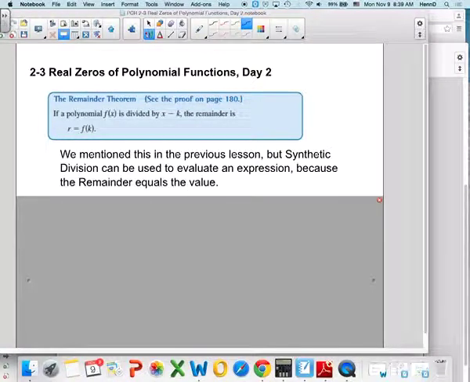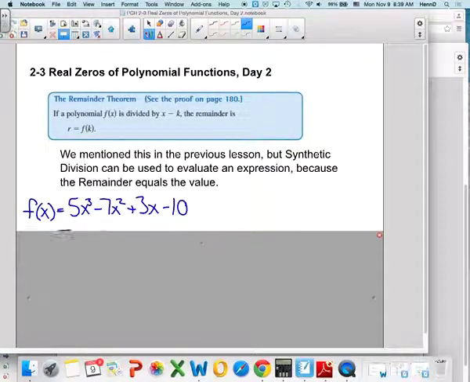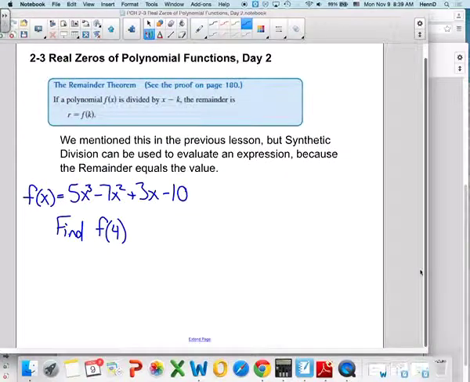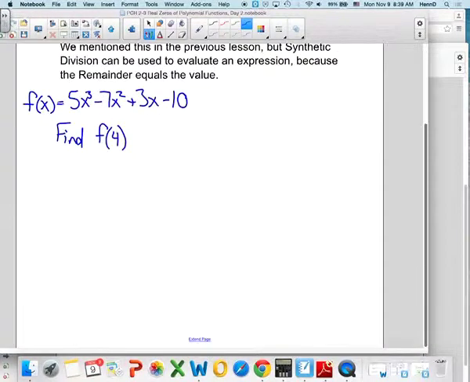We mentioned this a little bit in the previous section with zeros specifically, but synthetic division can be used to evaluate an expression. The remainder will equal the value. And this will give us a good warm up and reminder of how to do this synthetic division.